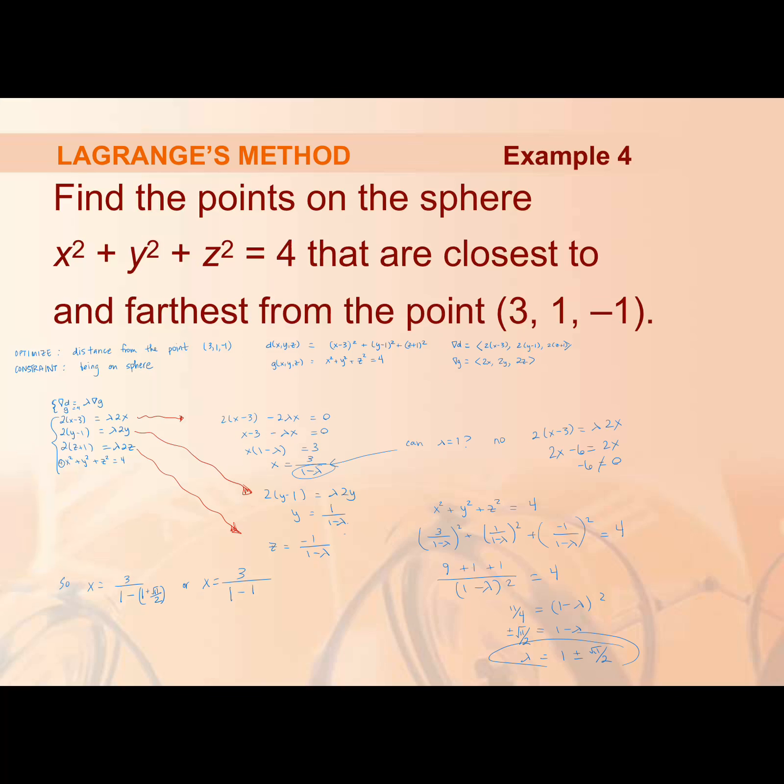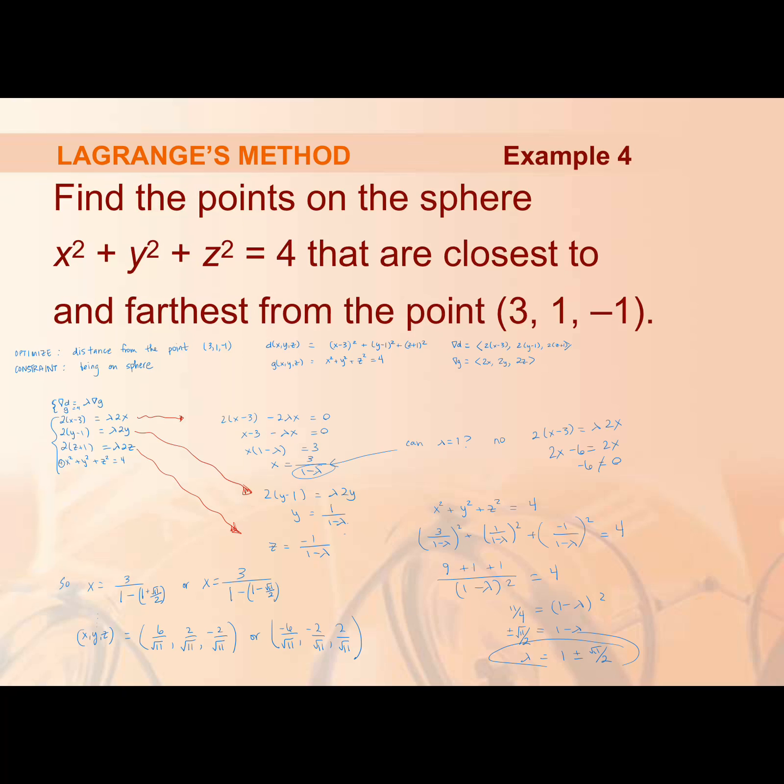It's got to be 1 minus lambda, so it'll be 1 minus square root of 11 over 2, etc., etc. Right, so you get some points for x, y, z. And the corresponding points are 6 over square root of 11, 2 over square root of 11, negative 2 over square root of 11, or negative 6 over square root of 11, negative 2 over square root of 11, 2 over square root of 11.